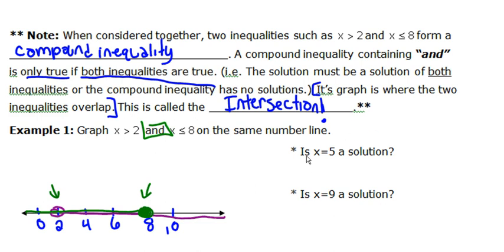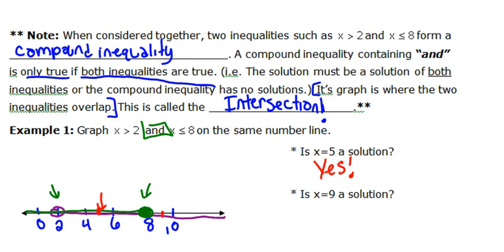So when it asks, is x equals 5 a solution, look at where it lies on our number line. 5 would be right here, right in the middle of 4 and 6. Well, that area right here is true for both inequalities. So this is a yes. x equals 9, is that a solution?